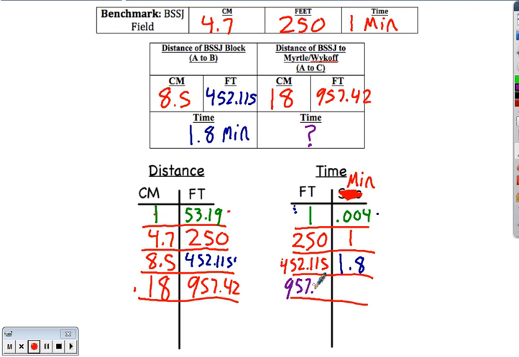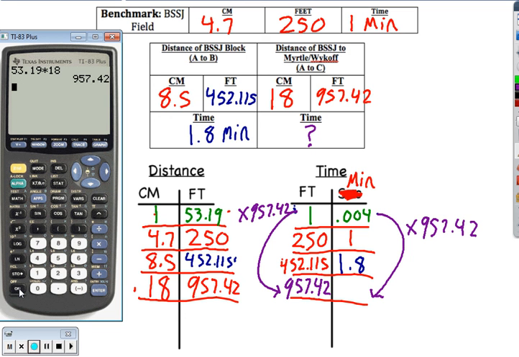957.42 feet. Well, again, we know the unit value, so that's going to make this fairly easy. Okay, it's just going to be 957.42 times this unit value. And similarly, because time is proportional in this situation, we would also multiply our minutes by 957.